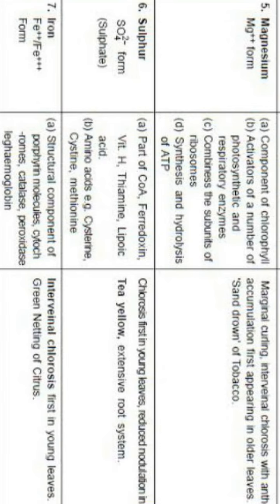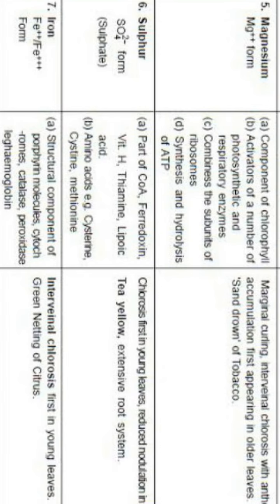Now let us see some more important points regarding magnesium. It is a component of chlorophyll, activates a number of photosynthetic and respiratory enzymes, and combines the subunits of ribosomes. Next, synthesis and hydrolysis of DNA.